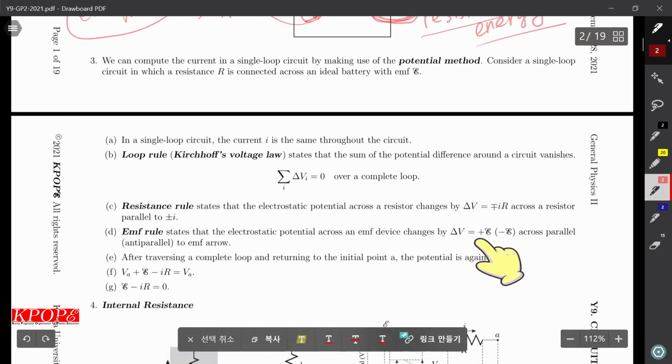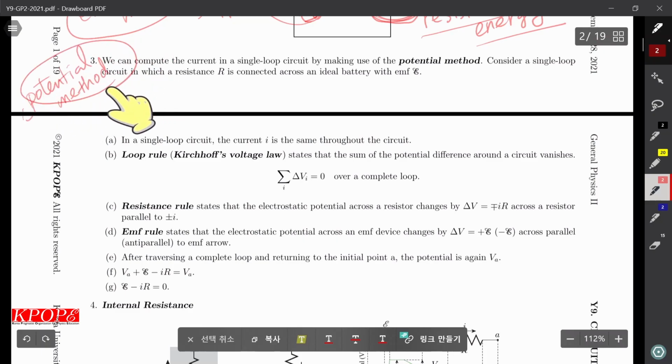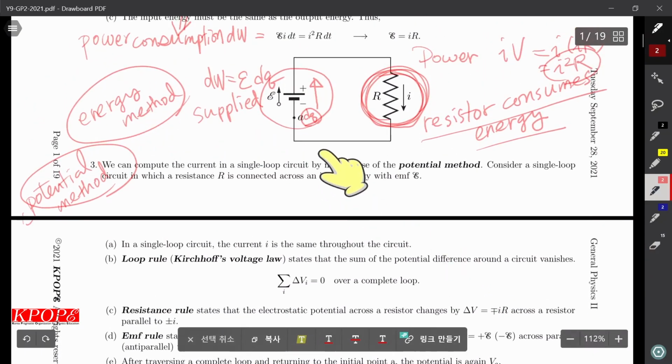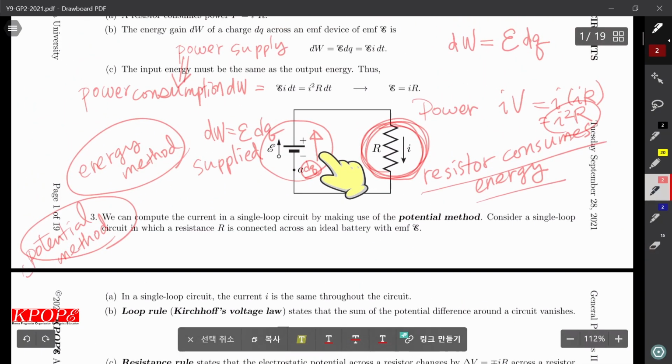Now we use the potential method. The difference between potential and energy is charge. We scale out the charge to consider the potential only.